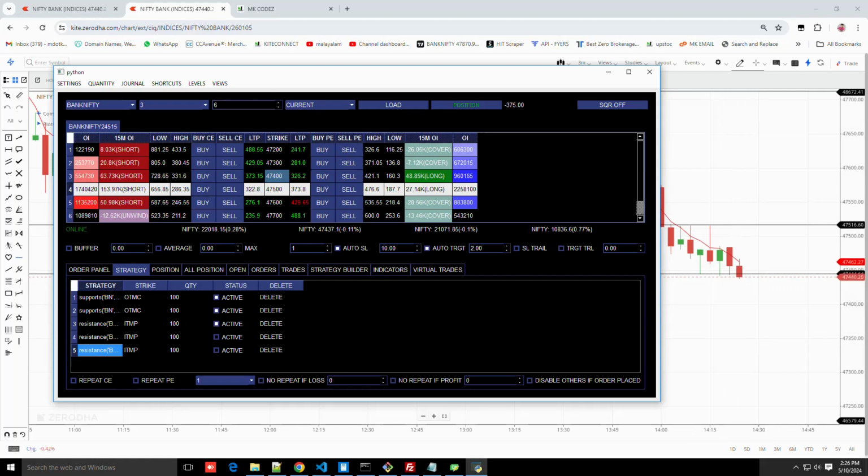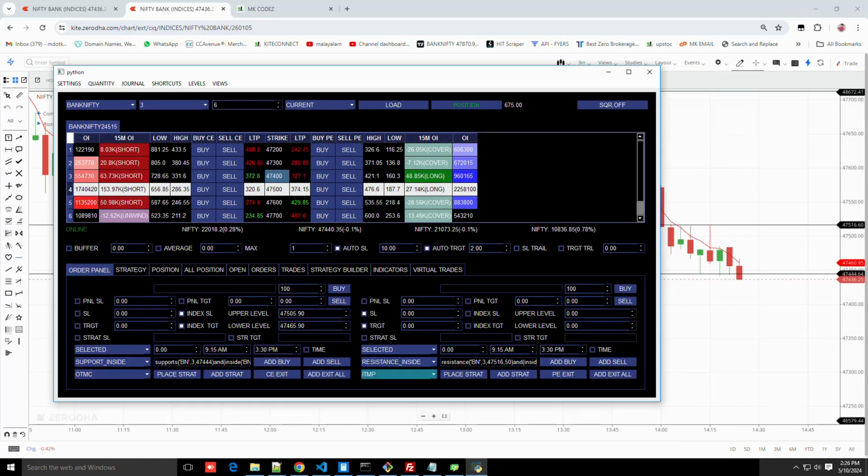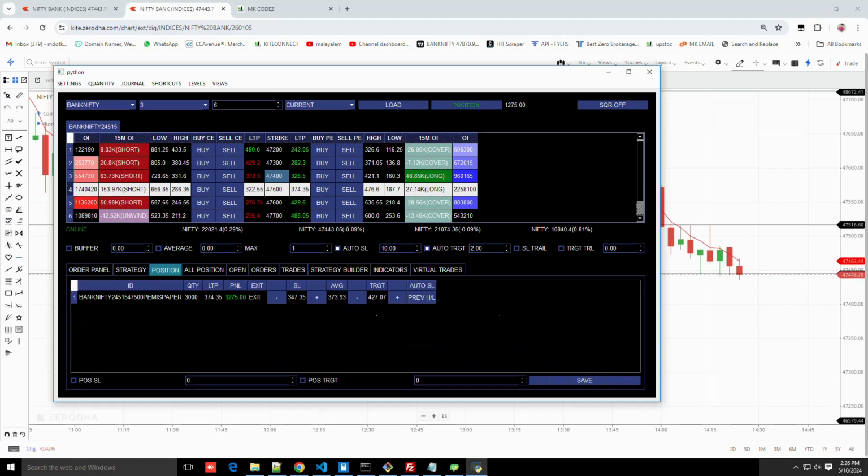If you want to check if any of these patterns formed, you just click resistance all and edit these levels. Okay, so that it will check if any of the patterns formed, and if any of the patterns is formed within 50 points of our support or resistance level, this will place order. Okay, you can see the 1500 is added.